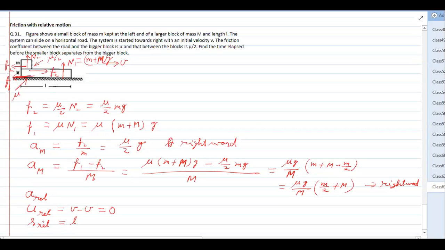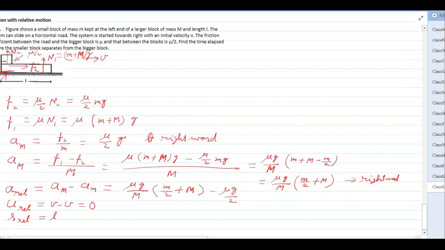And for A relative we write the larger one minus the smaller one: mu g times (m by 2 plus capital M) by capital M, minus mu g by 2.